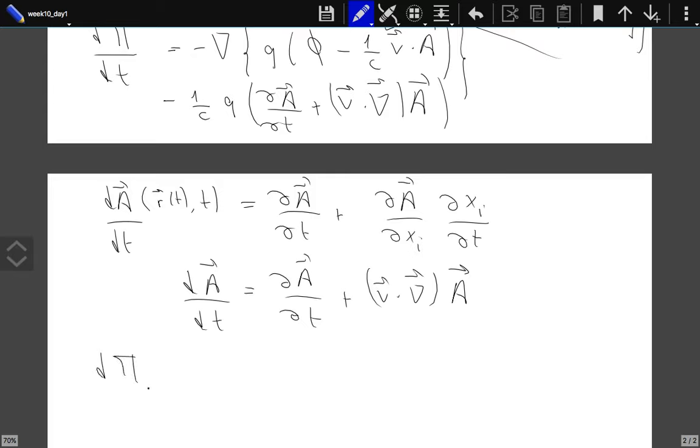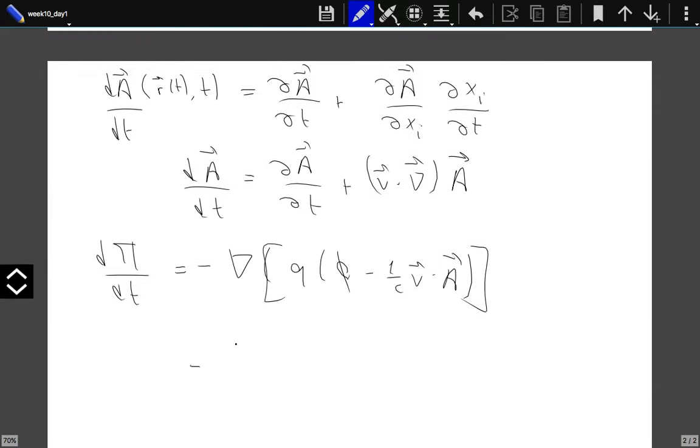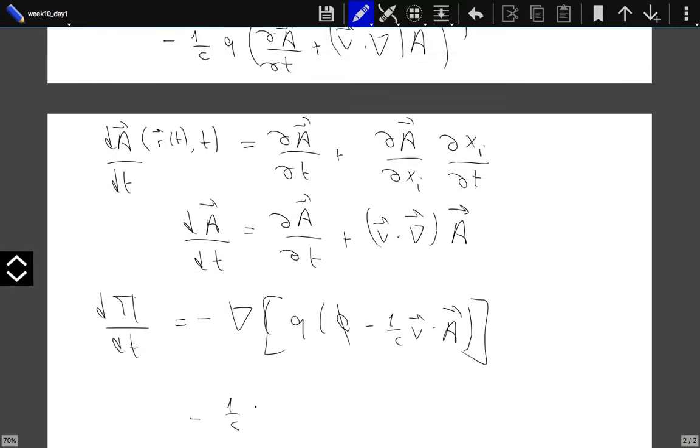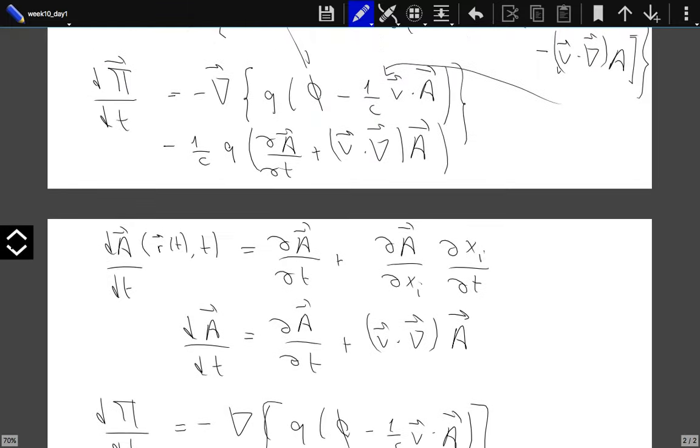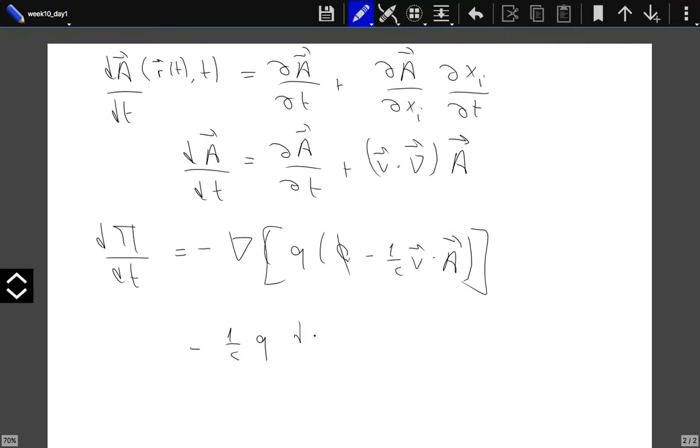So you see, this dP by dt is minus the gradient of Q phi minus 1 over C V dot A, minus 1 over C Q times dA by dt. Okay, so apparently I made a couple of mistakes somewhere.